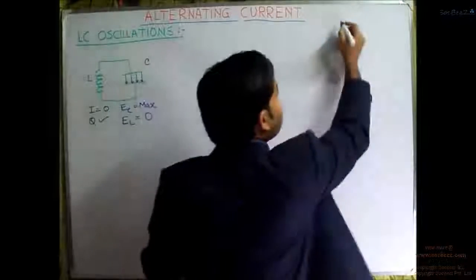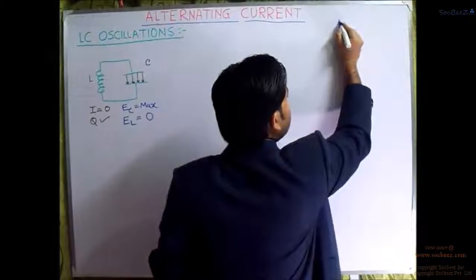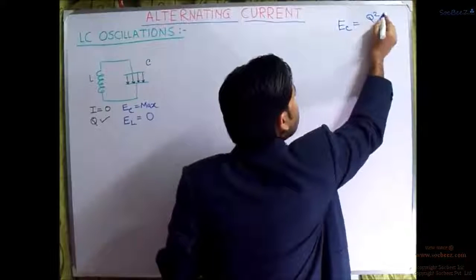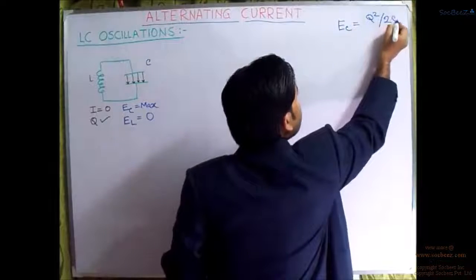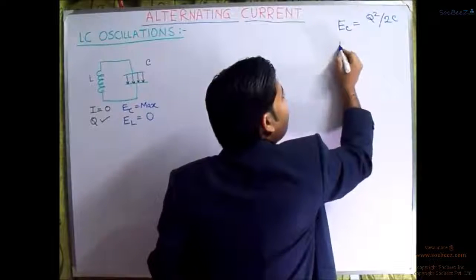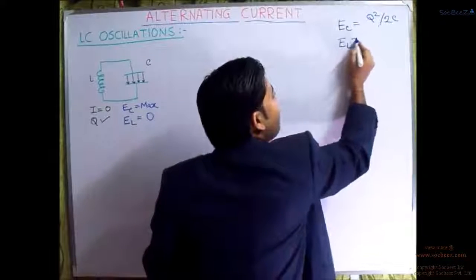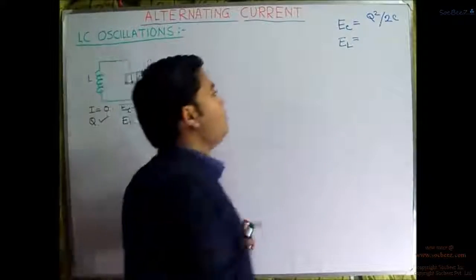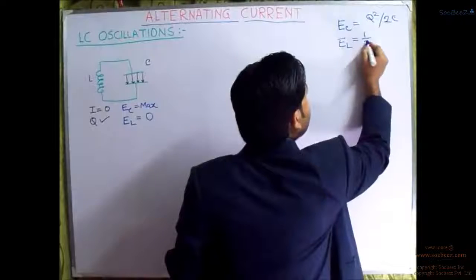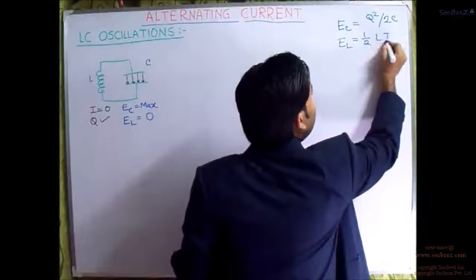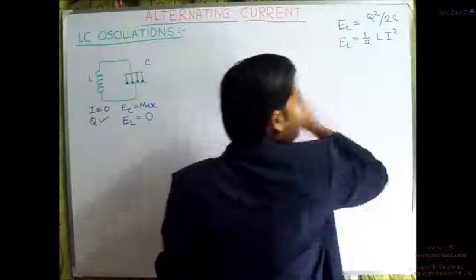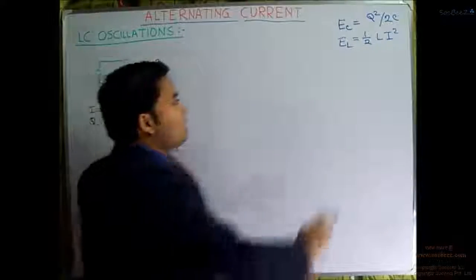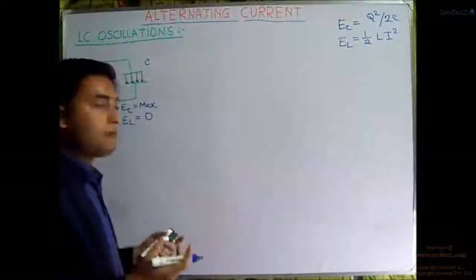Because as we have seen in the previous lecture, EC was equal to Q square divided by 2C, and the energy associated with an inductor is equal to half L I square. Now observe, if I over here is equal to 0, then obviously EL will be equal to 0, right?